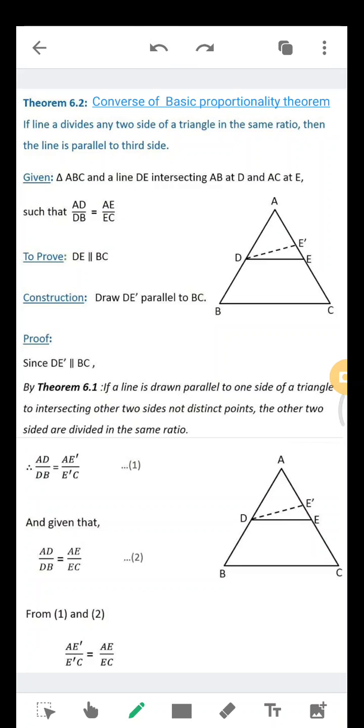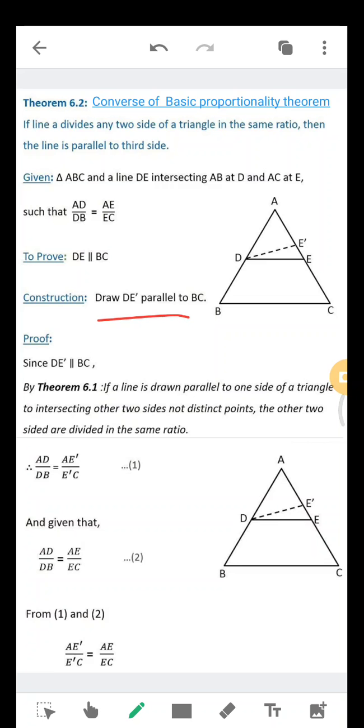So we have to prove that DE is parallel to BC. For that, I'll draw DE dash parallel to BC. You can see a line here, DE dash, the dotted line. Let that line be parallel to BC. We are going to use the indirect method of proving. We'll consider that DE dash is parallel to BC.